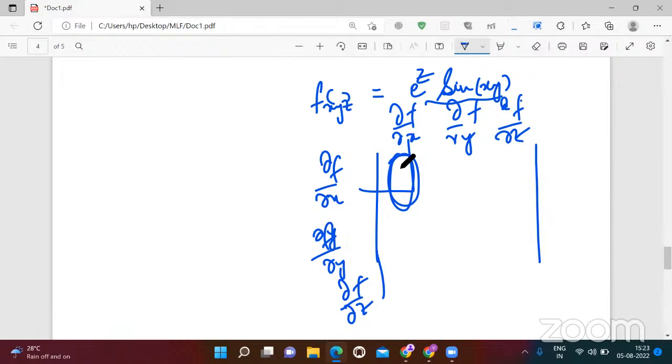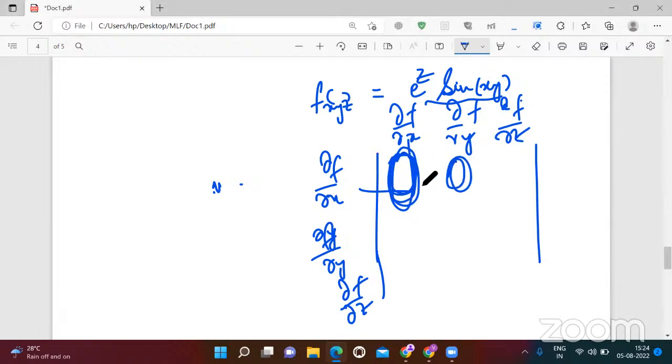Whenever you are calculating the Hessian matrix, how can you check whether you are getting it correct or not? It should be a symmetric matrix. Why? Because differentiating with respect to x then y is the same as y then x. Here you are differentiating with respect to x twice.